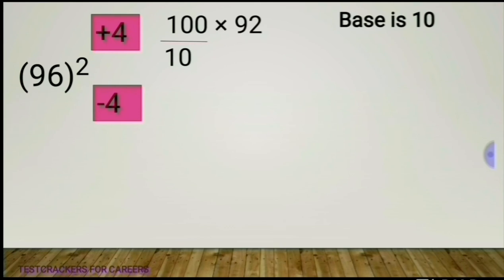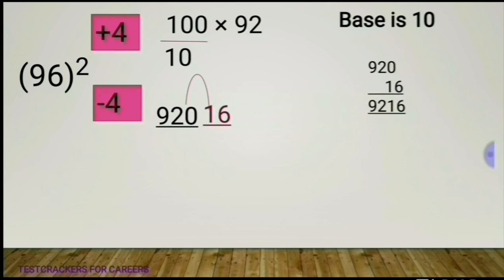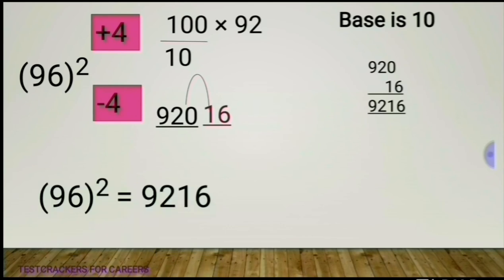And the first part of the answer is got by multiplying 10 by 92, which is 920. For the second part, we square the difference, which is 16. Since the base is 10, we retain 6 and carry over 1 to the left hand side, and add 0 with 1. We get 9216. 96 squared is equal to 9216.